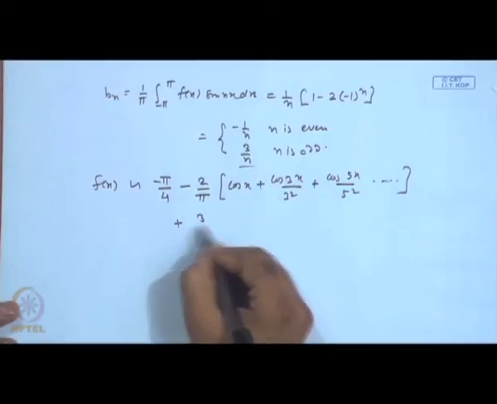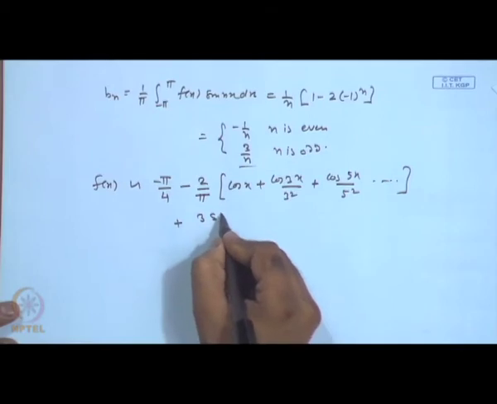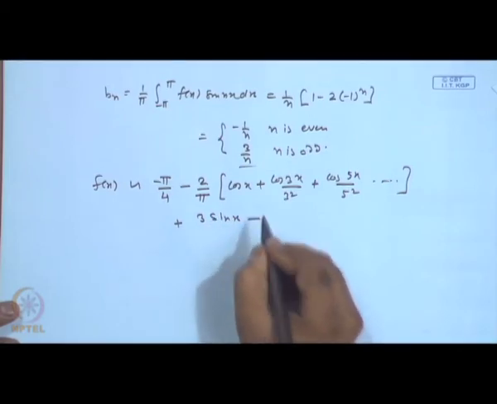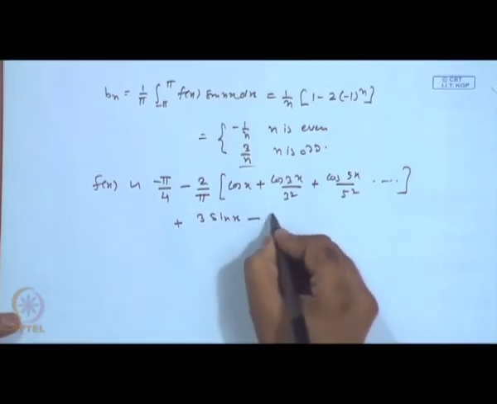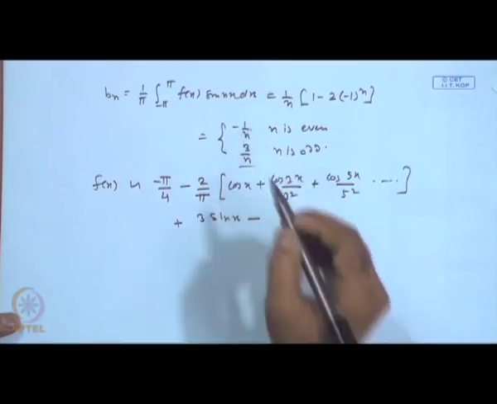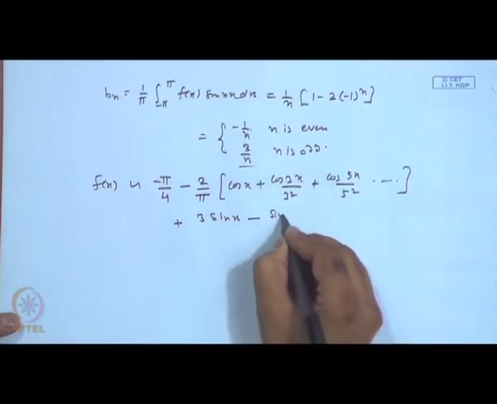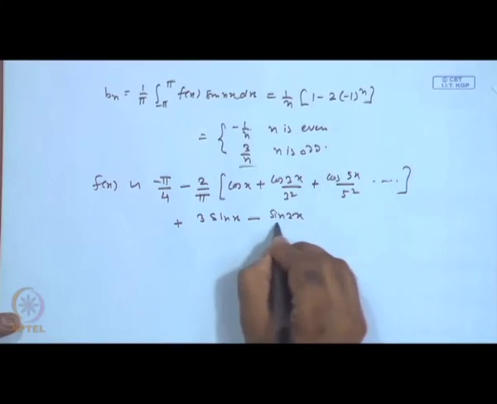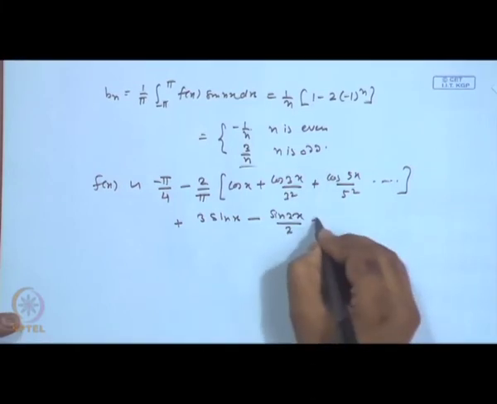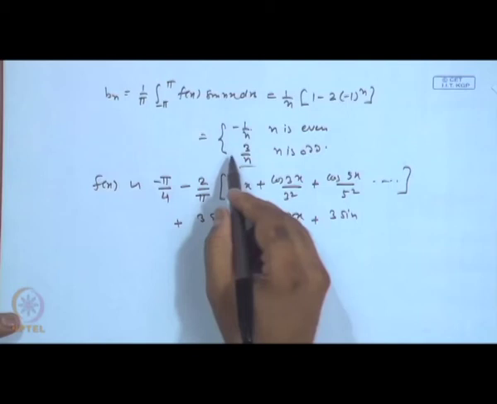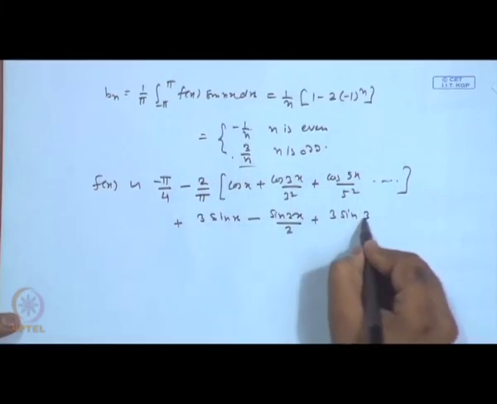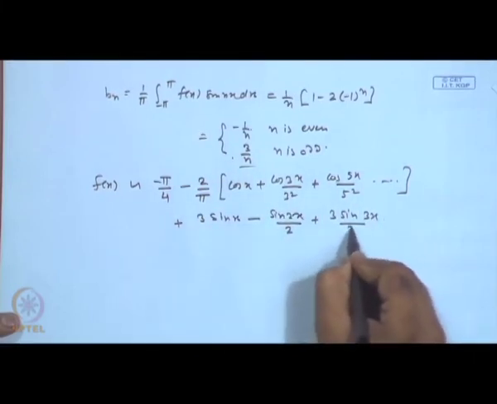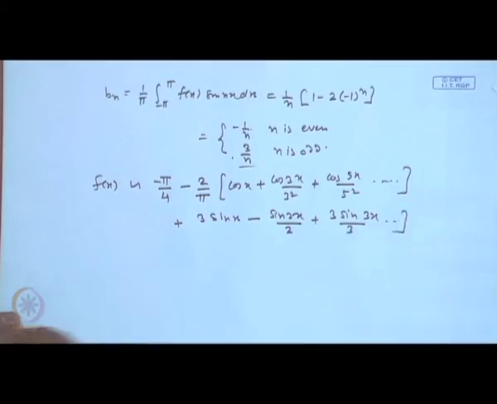So, 3 was 3 and sine x, then the next term will be sine 2 x over 2, then 3 sine 3 x over 3 and so on.